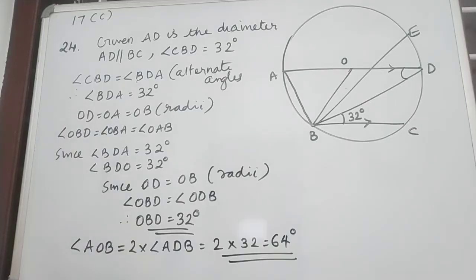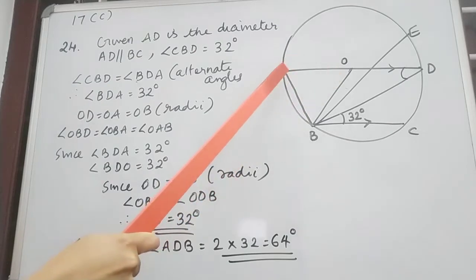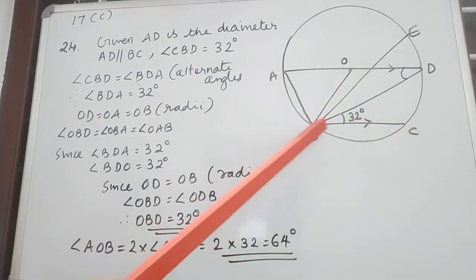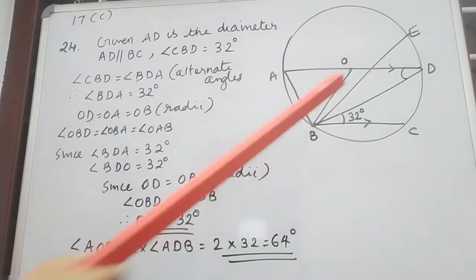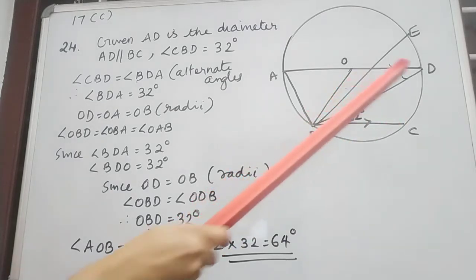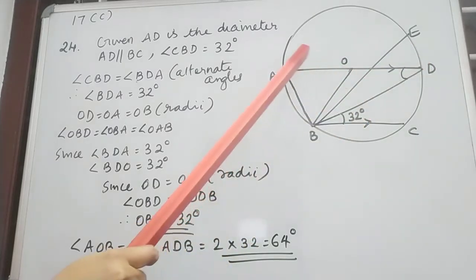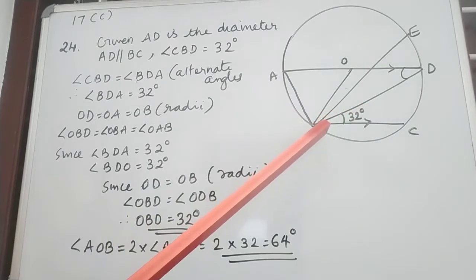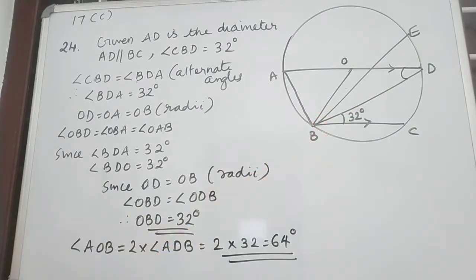Given AD is the diameter, AD is parallel to BC, also given CBD is equal to 32 degrees. Since AD is parallel to BC, CBD will be equal to BDA. This BD is the transversal, so these two are alternate angles.